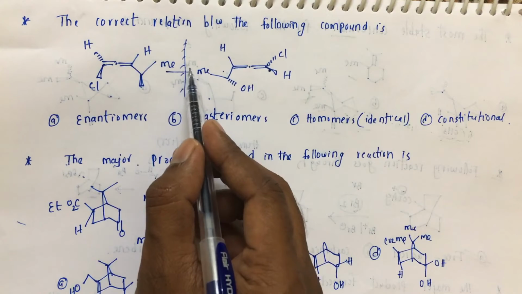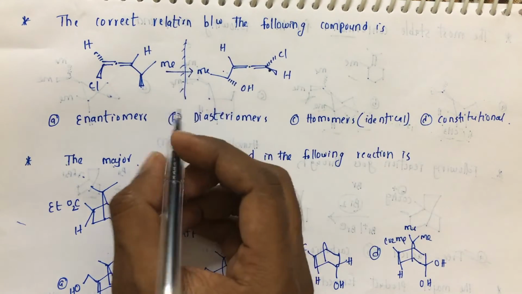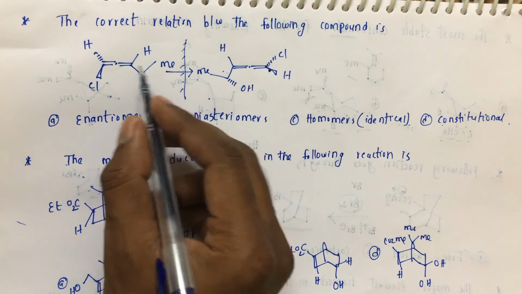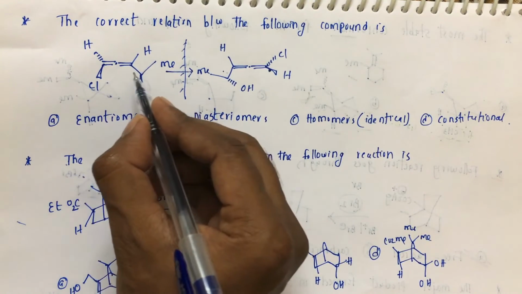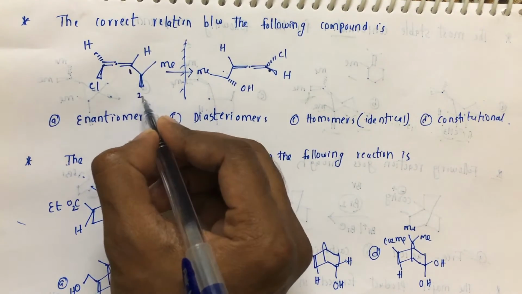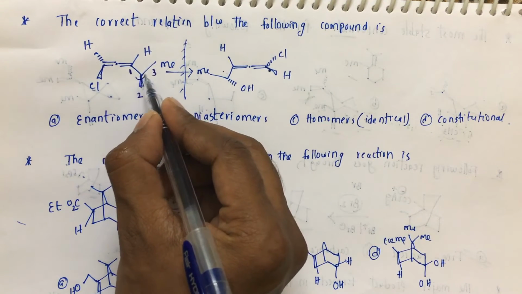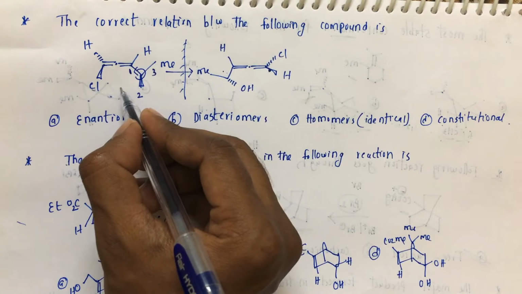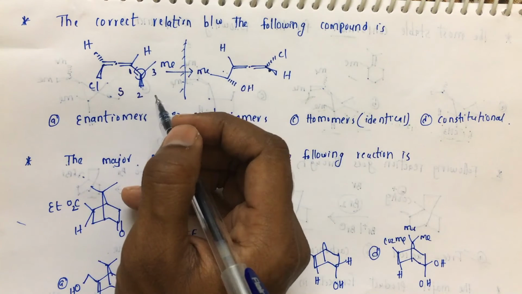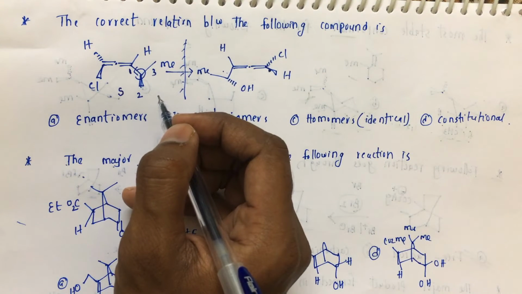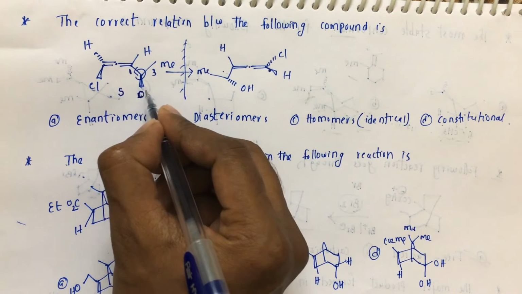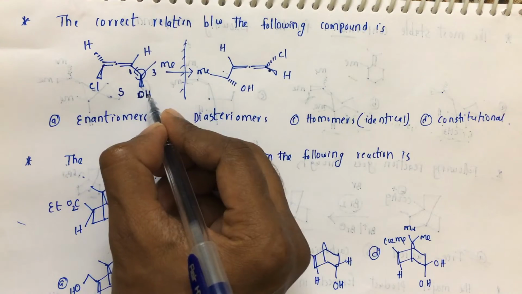First we will see the nomenclature here. So this will be first, this will be second, this will be third. This is OH here, OH is there here, OH here also.